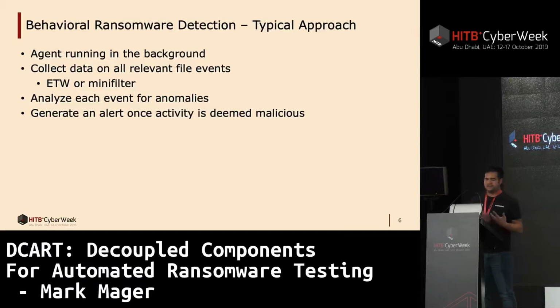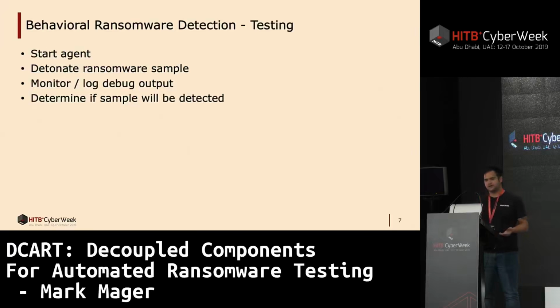As these events come through, each event will be analyzed, inspected to determine if there's any sort of anomalous qualities to that file that the event pertains to. And an alert will also be generated at a certain point once enough evidence has been collected to determine if a process is specifically indicative of ransomware behavior.